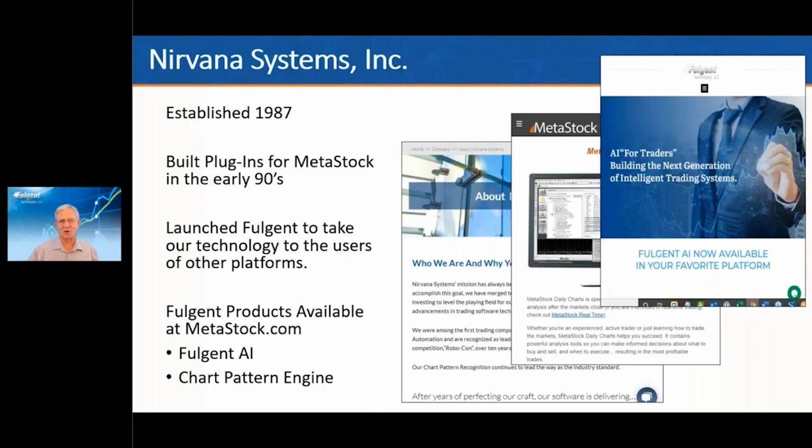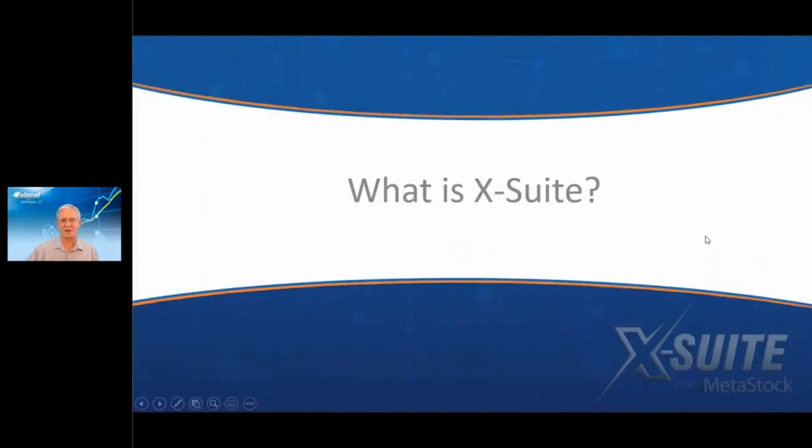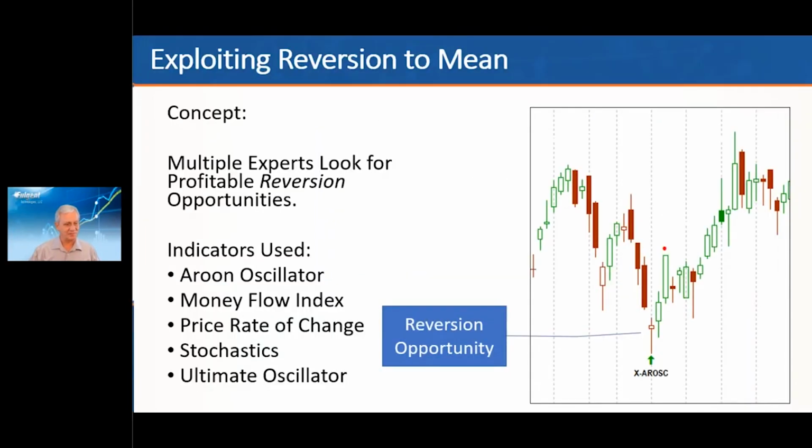They're great programs as well. But today we're going to be talking about the one we just released for MetaStock. We're super excited about it. It's very straightforward and really very simple to use, but it is super powerful, folks. This thing is really good. So we are going to go in right now and look at that.